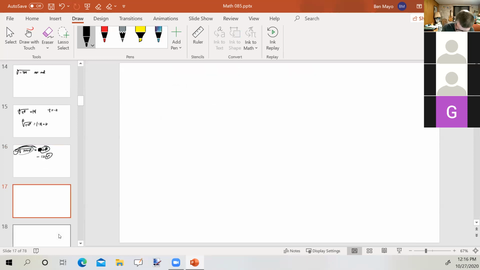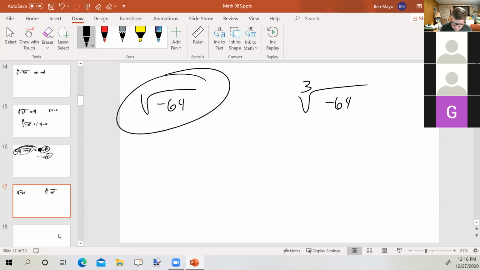All right, how about this one? So let's do this one. Square root of negative 64. Eight, negative 8. Can't do it. Is that when you said it's going to be a 2 there? Yep. So you can't take an even root of a negative number.